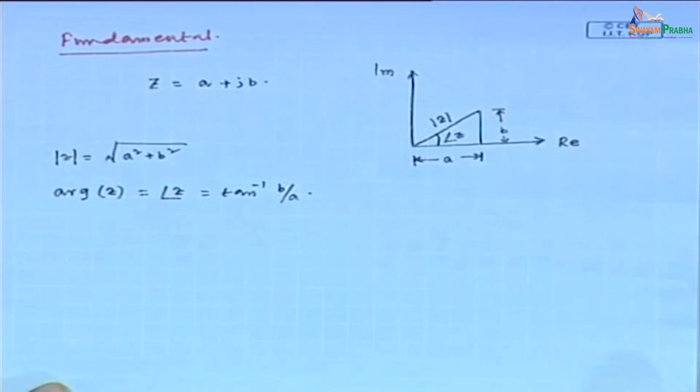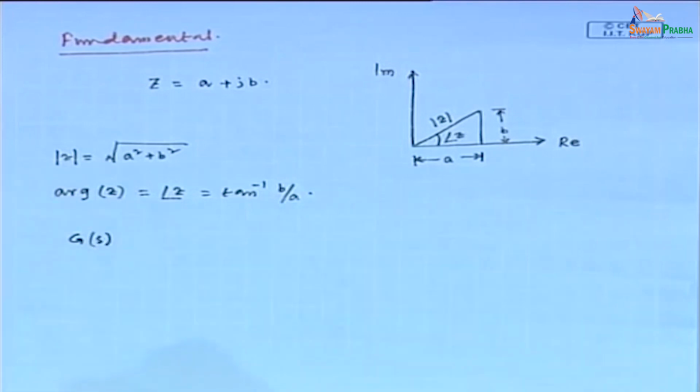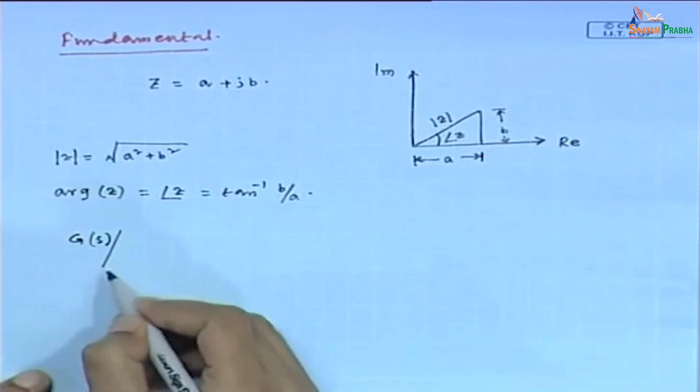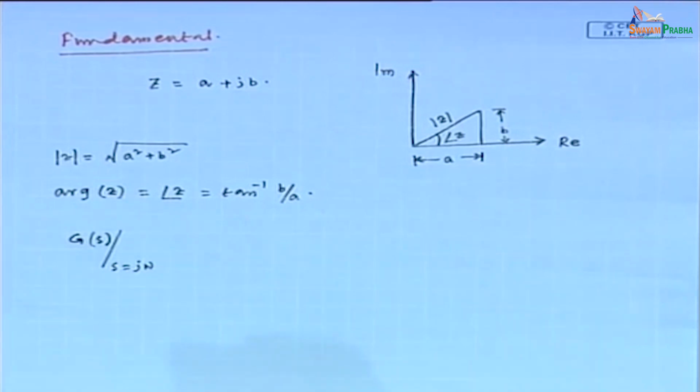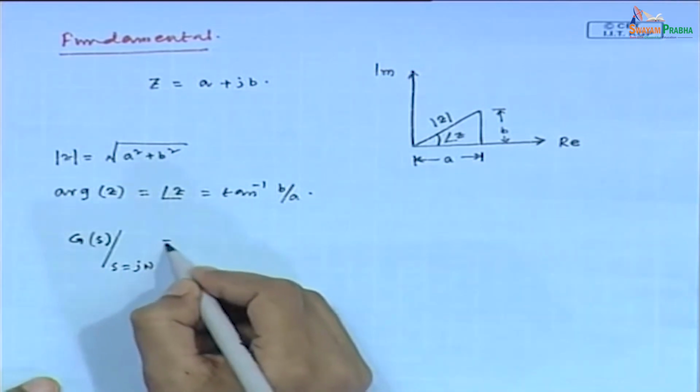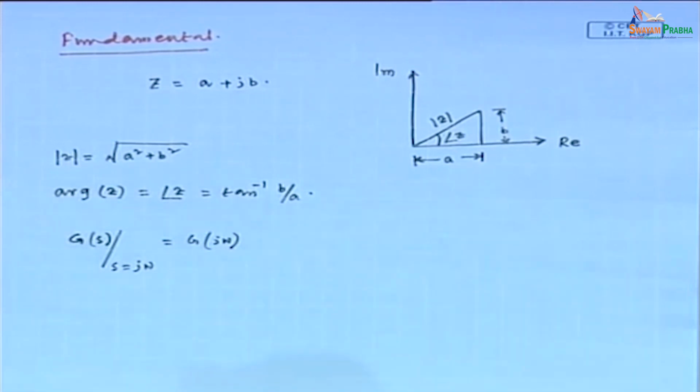Fine. Now, for a particular process, we usually have the transfer function G(s). Now, if we substitute s equals j omega, then we get the frequency response transfer function.